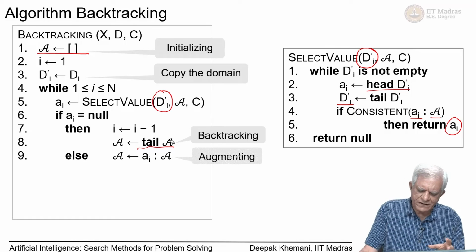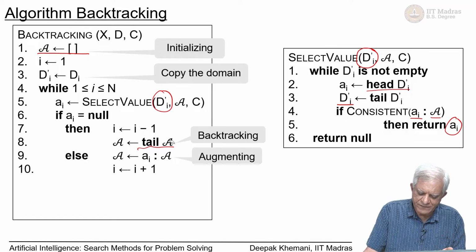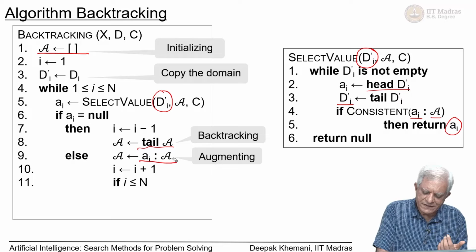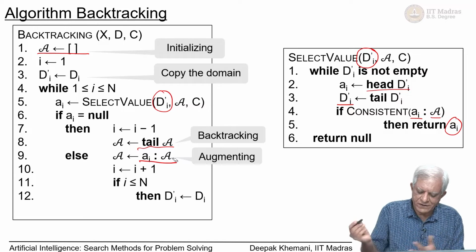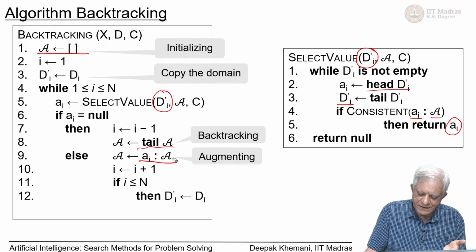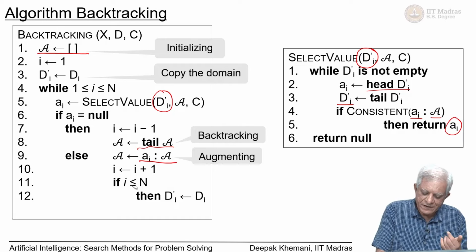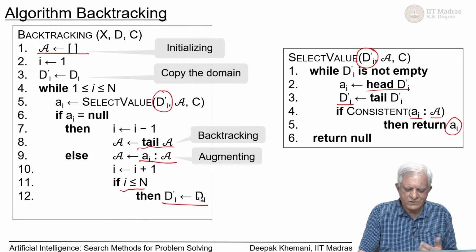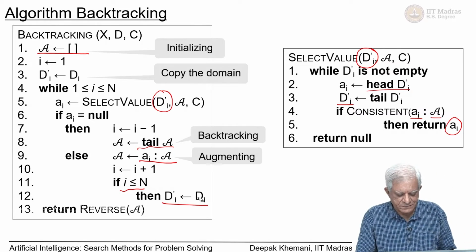If it is not null, that means it has given us some value, then we augment the assignment by putting Ai at the head of that assignment, and increment i to i plus 1. If the new i is less than or equal to n, we make a copy of its domain and go into the while loop again essentially.